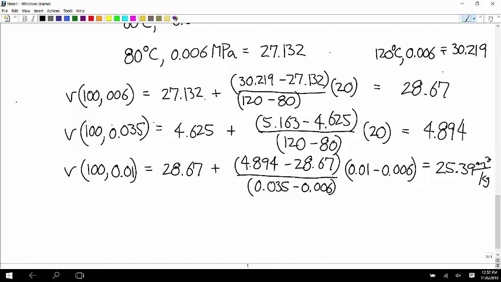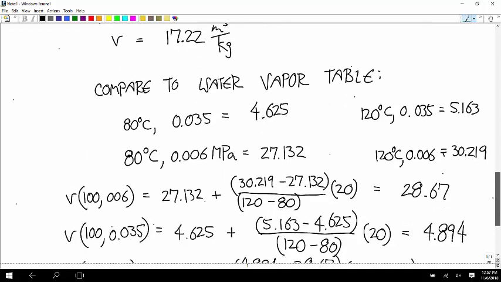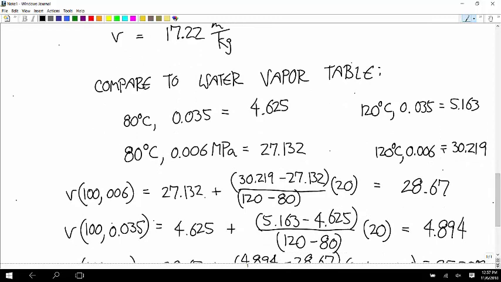That should give you the exact same values, as long as you keep everything in the same order. I'm calling this my x1 and this my x2, and this is my y1 and this is my y2.